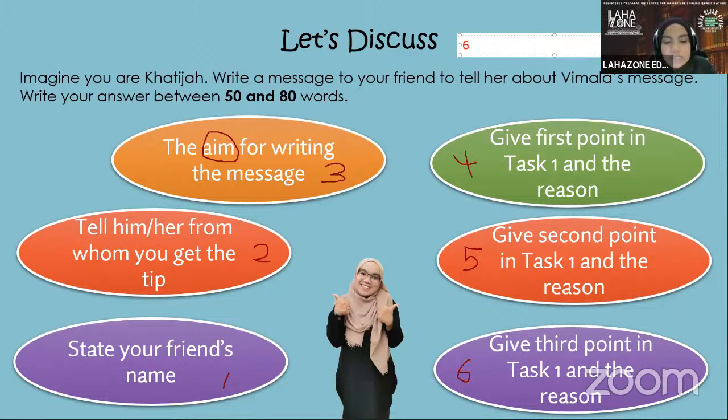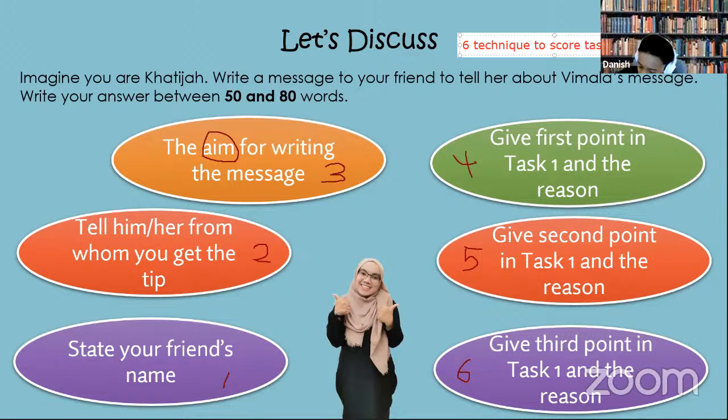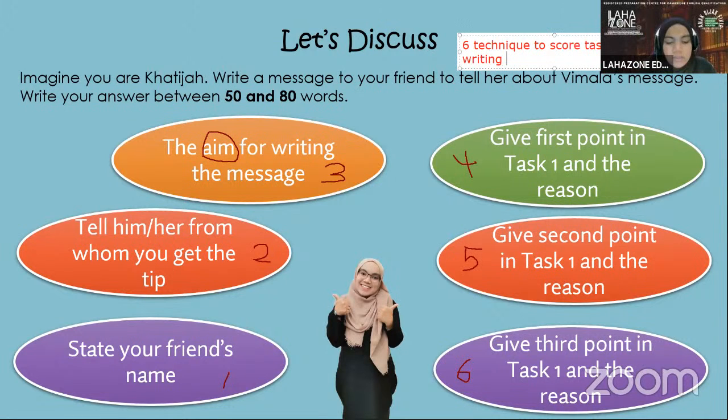Yang ni Miss bagi 6 techniques to score task 2 in writing paper. Okay, 6 techniques to score task 2 in writing paper. 6 teknik untuk Danish score dalam tugasan yang kedua untuk bahagian karangan.